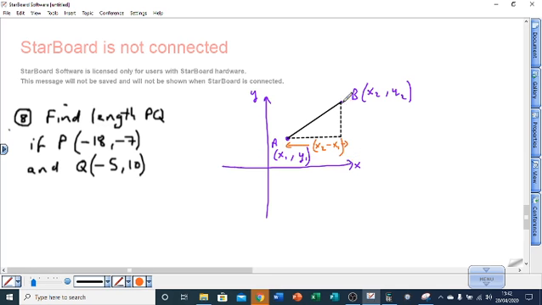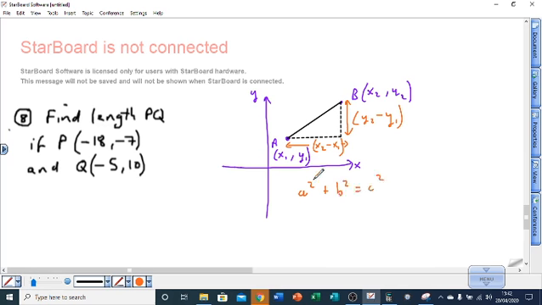From here to here is y2, the y ordinate, and from here to here is y1. So it is y2 minus y1, okay, that length just there. So as Pythag said, a squared plus b squared equals c squared.